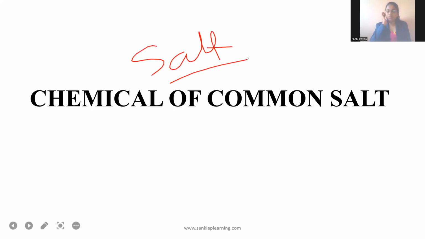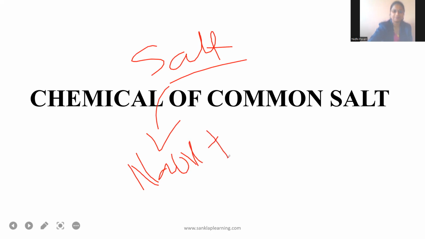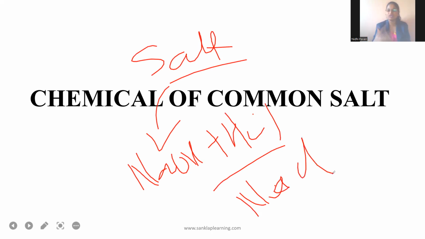Commonly we use one salt which is prepared from NaOH and HCl. That is NaCl, the salt we use to taste our food, sodium chloride. Now, many chemicals are prepared from sodium chloride. We get the salt from the sea.